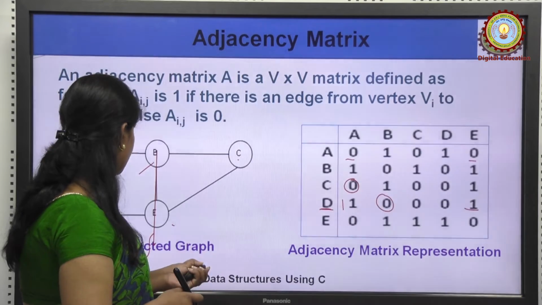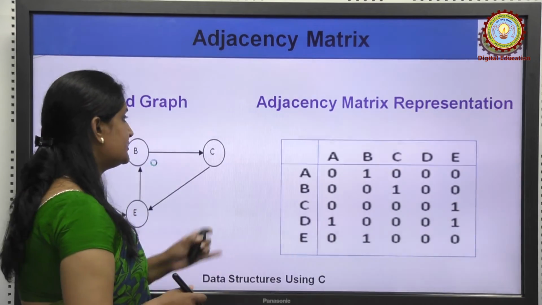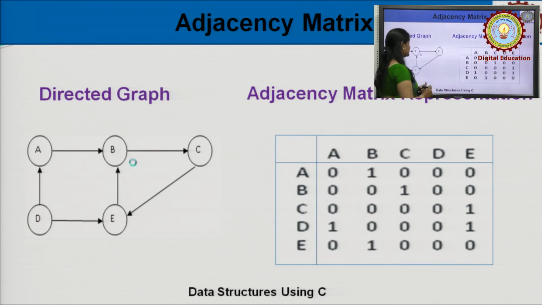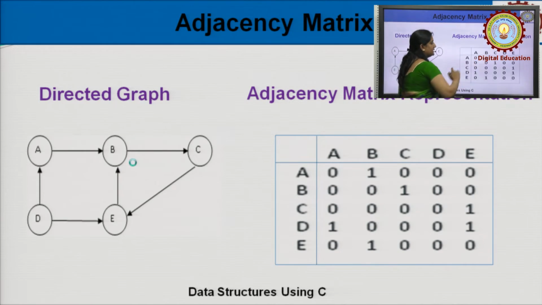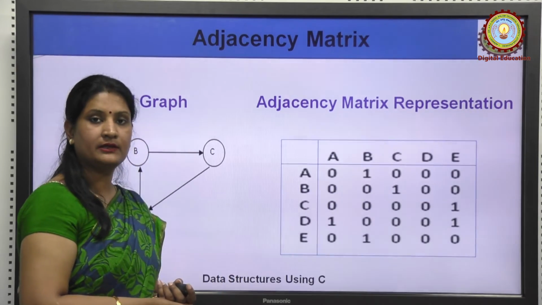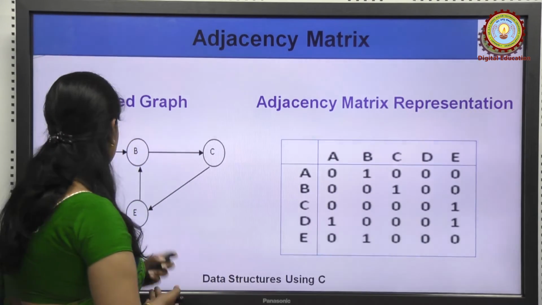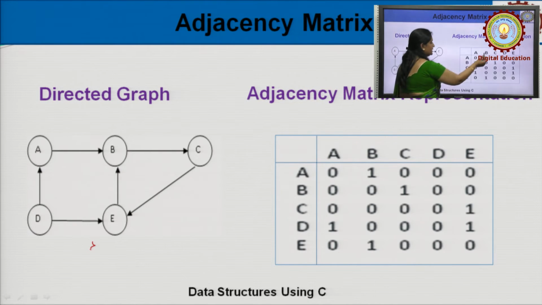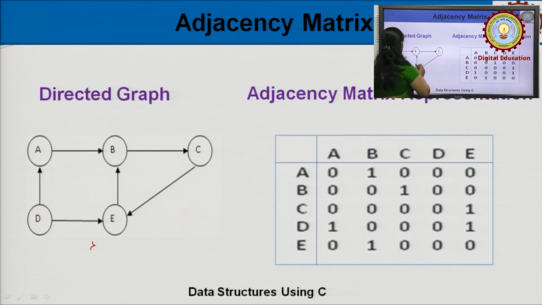Next example, what is the adjacency matrix of the directed graph? Same procedure, rows and columns labeled by the vertices in the graph. A is adjacent to B only, so A to B is 1, all other entries are 0. B is adjacent to C only, so B to C is 1, the rest are 0.